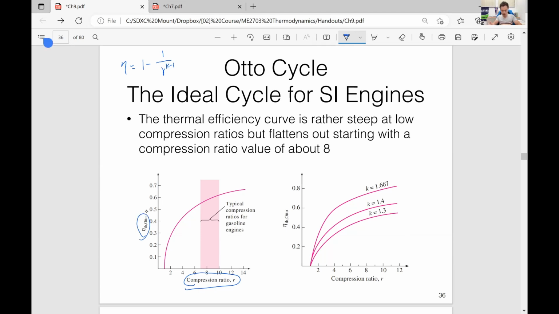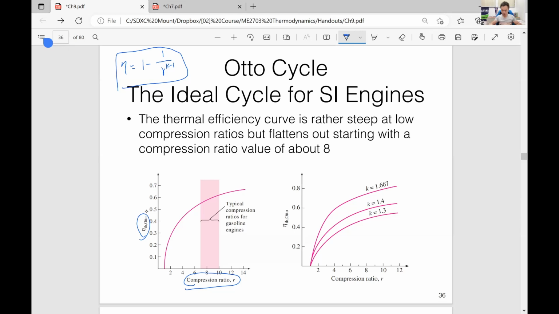As you can see, the efficiency is directly related to the compression ratio and specific heat ratio.